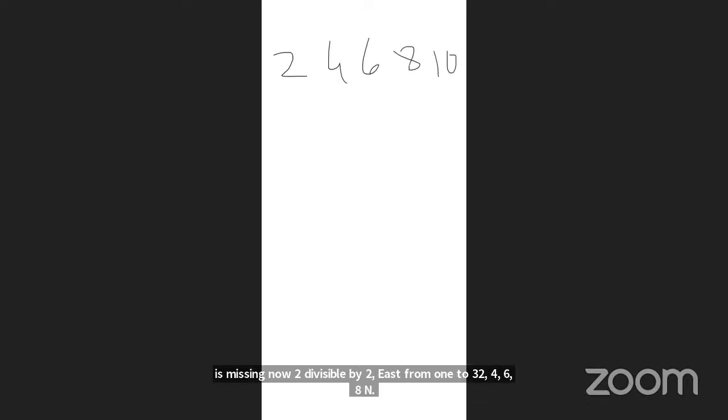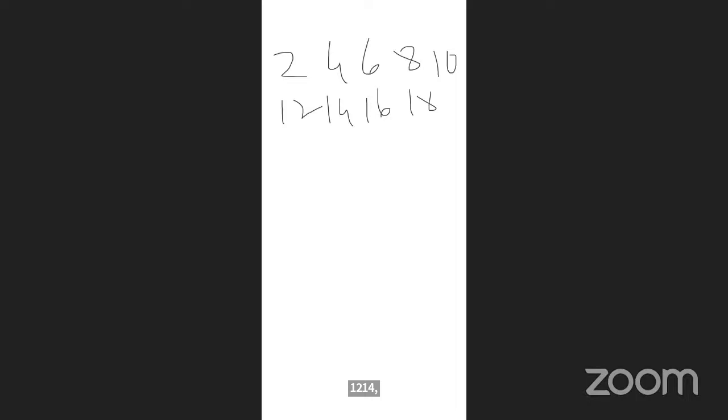Now, divisible by 2 from 1 to 30 is 2, 4, 6, 8, 10, 12, 14, 16, 18, 20, 22, 24, 26, 28, and 30.